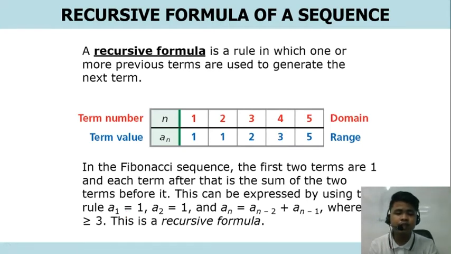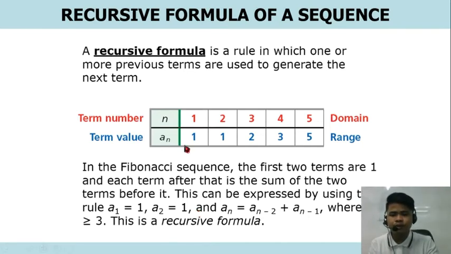This can be expressed by using the rule a sub 1 is equal to 1, or the first term is equal to 1, a sub 2 is equal to 1, and a sub n is equal to a sub n minus 2 plus a sub n minus 1, where n is greater than or equal to 3. So, merong first term, stated yung first term, at merong condition.